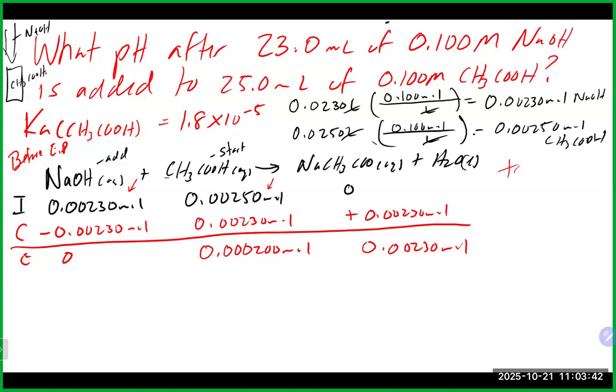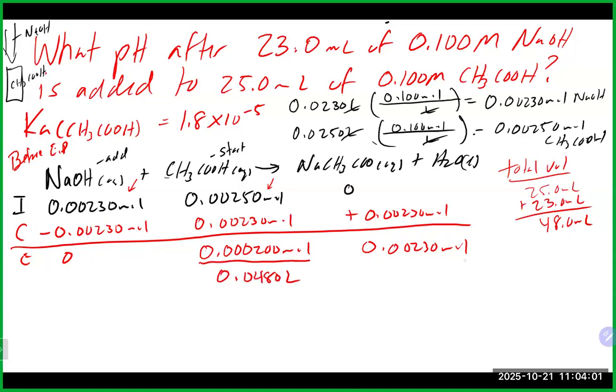So our total volume at this point: we started with 25 milliliters of our acid. We added 23 milliliters of our base. That's 48 milliliters at this point. So we want to divide these by 0.048 liters. Again, we want to convert it into liters in this case.